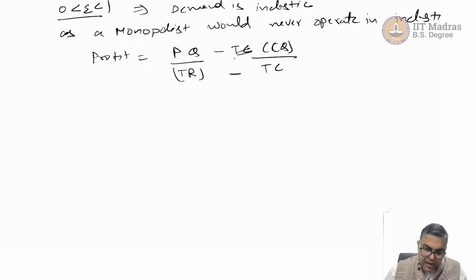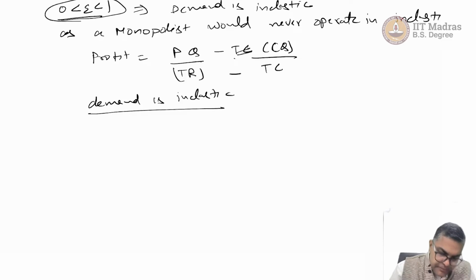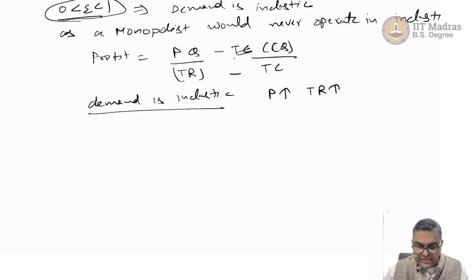Okay. Now, if demand is inelastic, meaning the demand is in this zone, what will happen? You increase P, total revenue will increase. Isn't it? That's what we discussed when we talked about price elasticity of demand. If demand is inelastic, as P goes up, total revenue goes up.